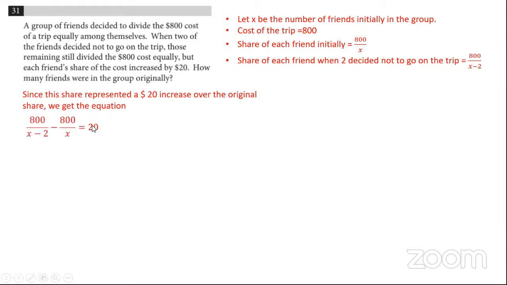So 800 by x minus 2 is the final share, and 800 by x is the initial share, and their difference is equal to 20. That is a $20 increase. That's what we can conclude from our information. Now what we'll do is cross multiply. So 800 into x minus 800 into x minus 2, by x into x minus 2, equal to 20.